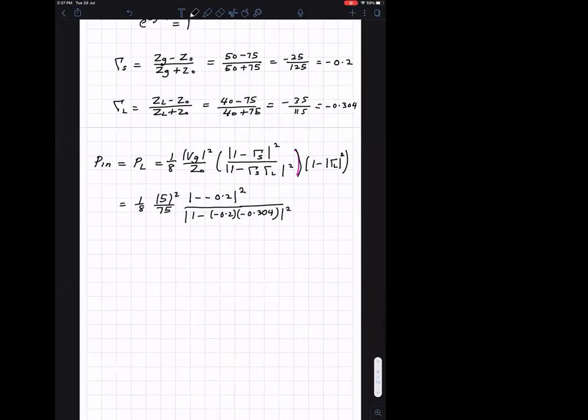Squared, squared. One minus gamma of L squared. Something is missing. Maybe I forgot to multiply by 1 minus gamma of L squared.